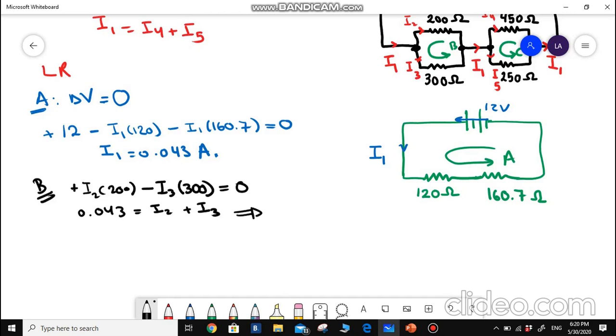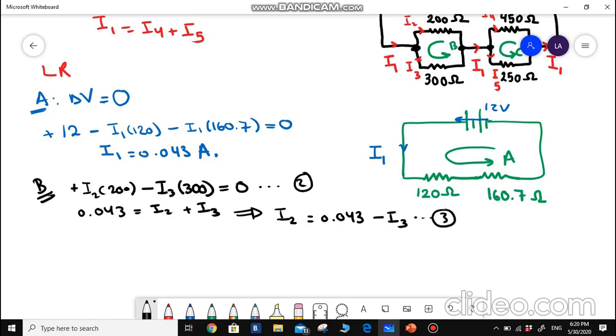I can arrange it in a way that I write it for I2. I2 is 0.043 minus I3. Actually, let me name this one 2 and this equation 3.